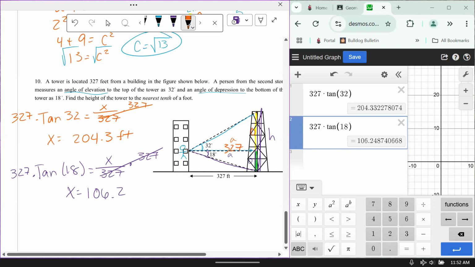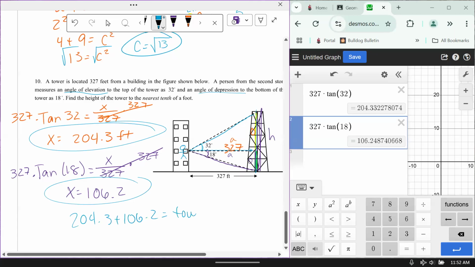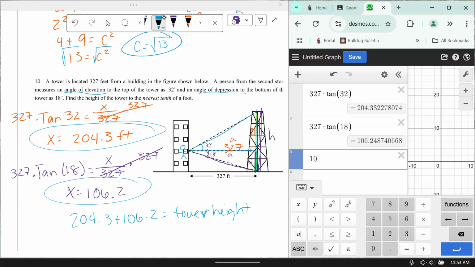Now, what we do to finish this problem off is we add them together. So this guy plus this guy would give us our full height. So 204.3 plus 106.2 equals tower height. Normally I like to round at the very end, but whatever.